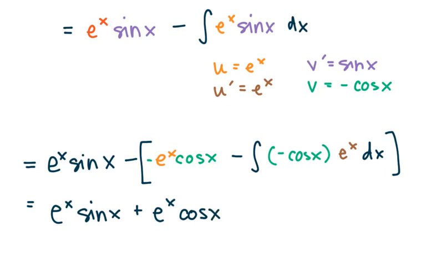Those two negatives turn positive. But then I still have a negative here, so this would be minus the integral of e to the x cosine x. So this piece is exactly what we started with.